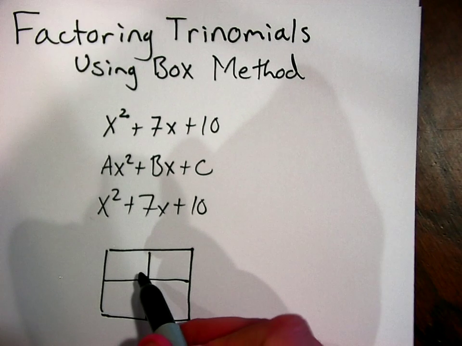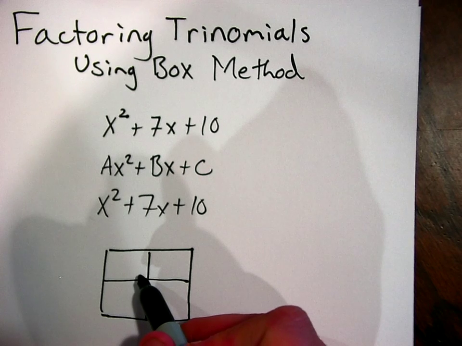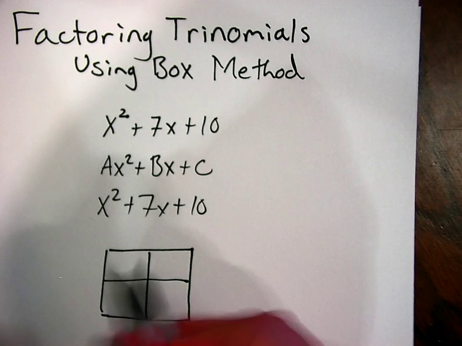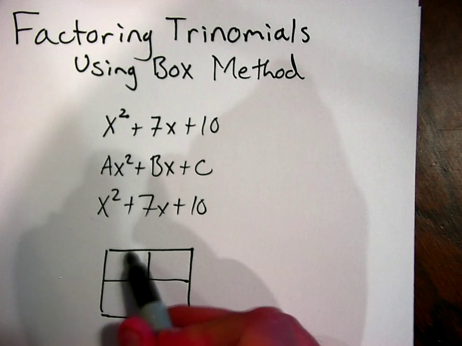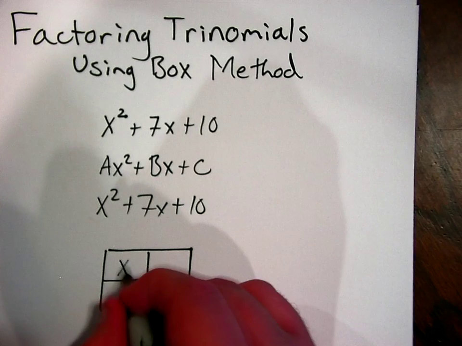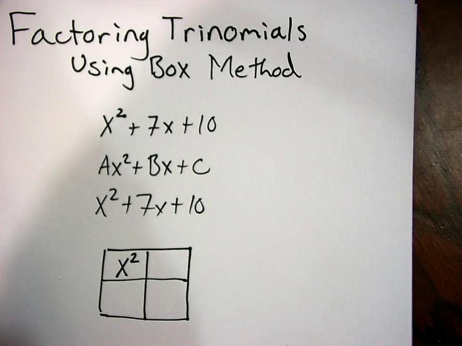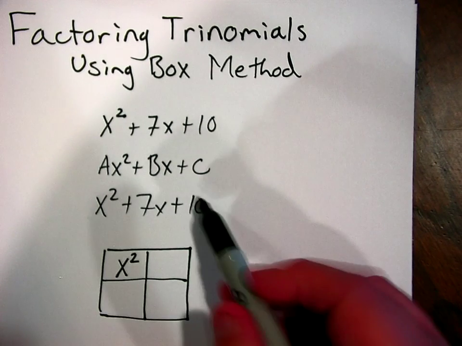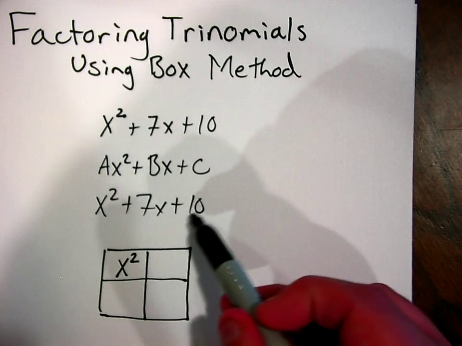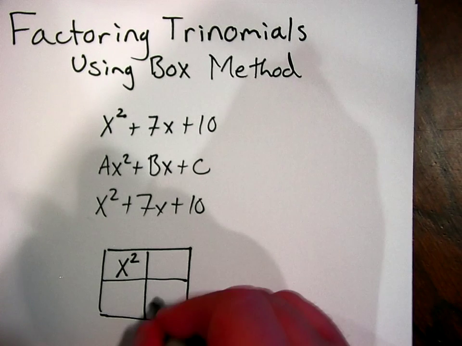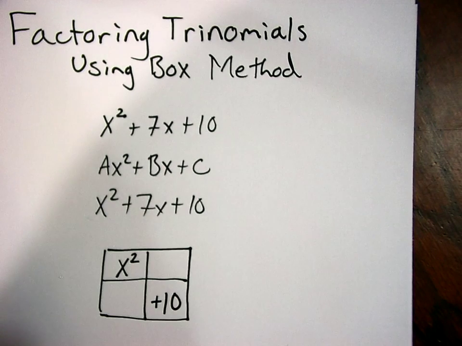So every time in Algebra 1, that's what we're going to put there. It's the x squared term, that first term. And we also know that this last term, the number term, is always the result of this last box. So we're going to go ahead and fill that in.